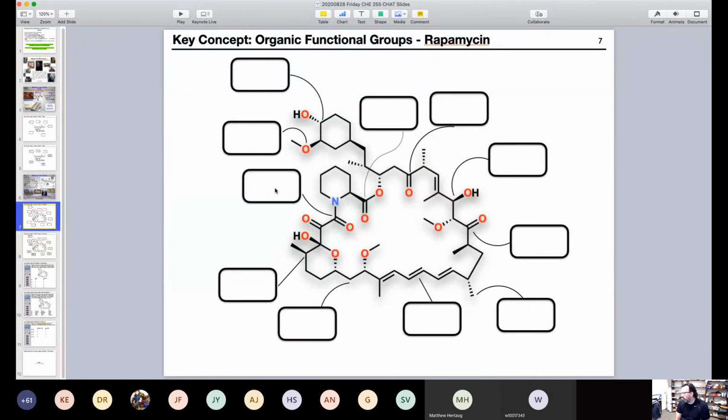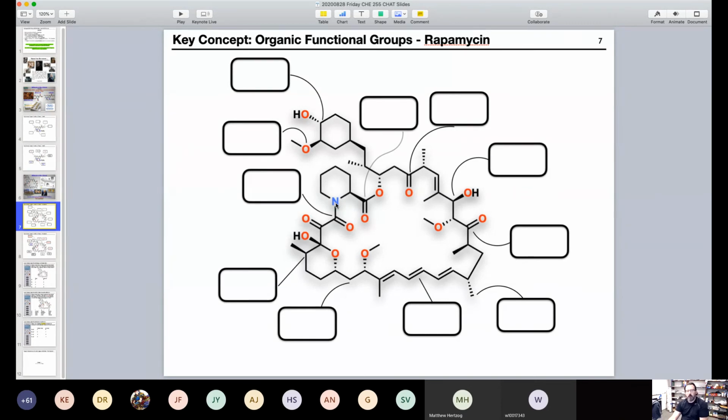So Rosemary and Hannah, we have a C=O pi bond, so we have a carbon-oxygen double bond, but now it's bound to nitrogen. So we have some revision of answers here. Yeah, it's an amide.